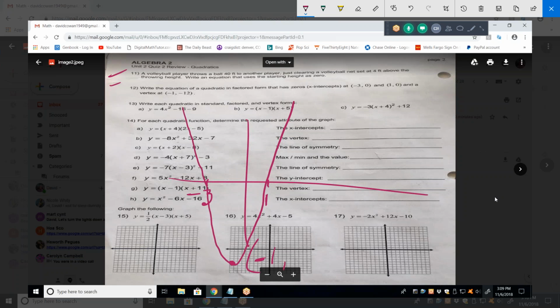Has to open up. Okay? So, let's start with, let's see, write the equation. Let's kind of start here. Start with vertex form because they've given us the vertex.